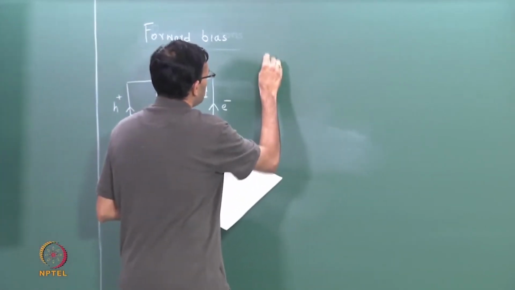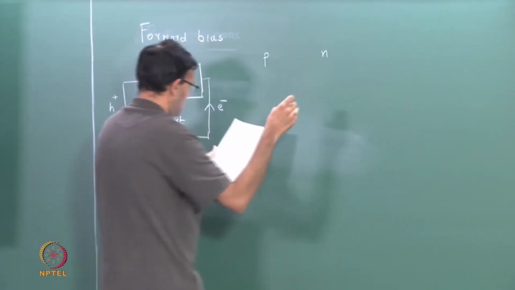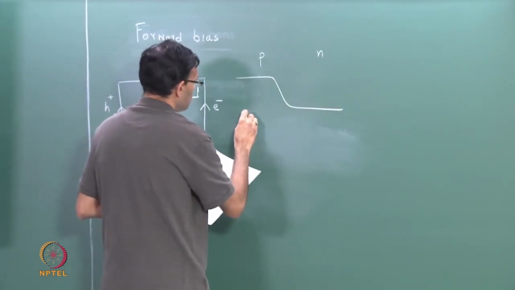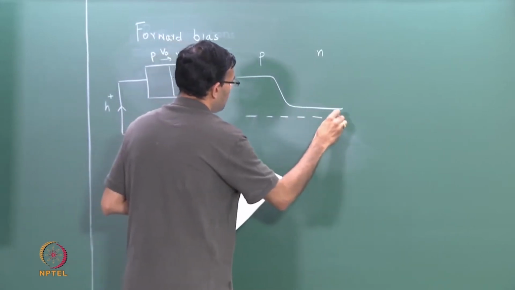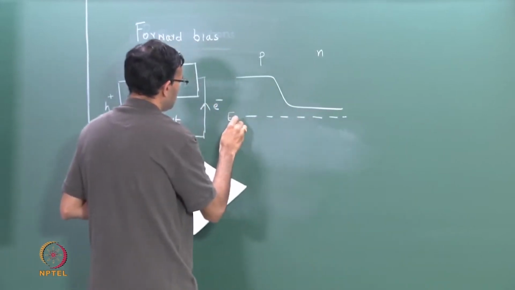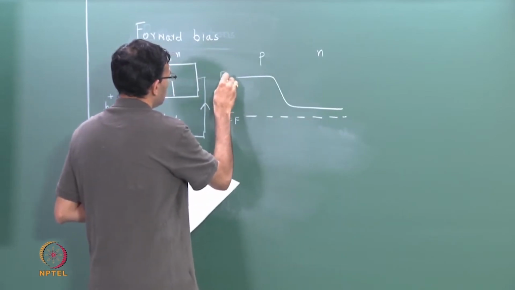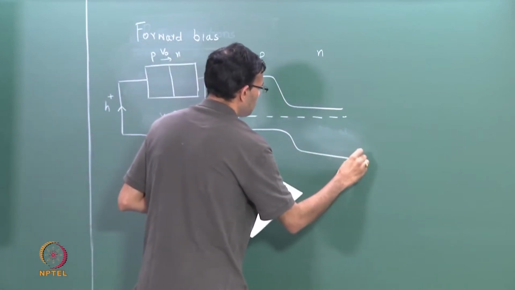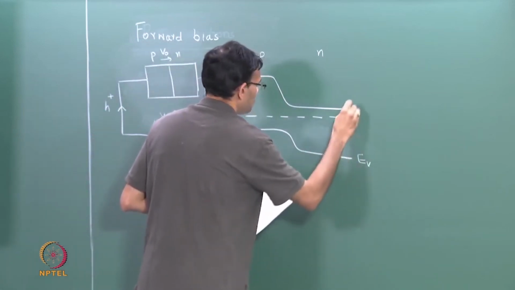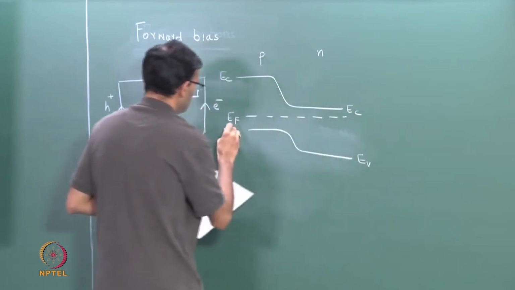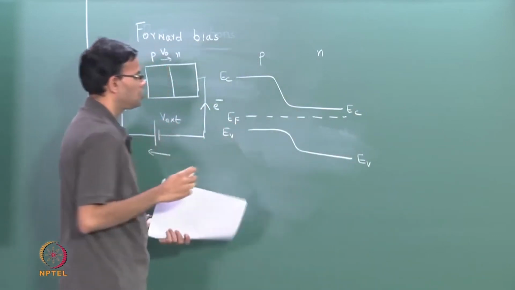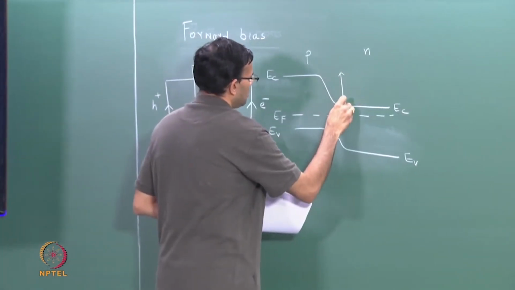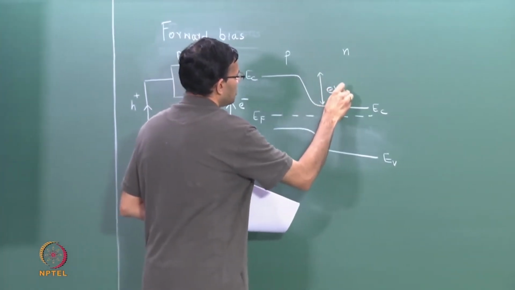So let me draw the energy band diagram first in equilibrium. So in equilibrium the Fermi levels line up. So this is in equilibrium where the barrier is nothing but E V naught.